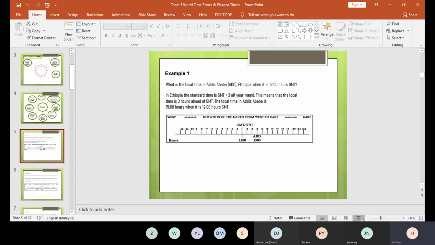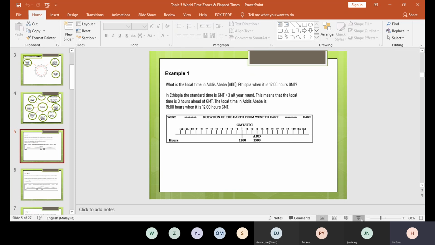This one is how to calculate the time zone. You need to know that each country has its own GMT. So either you need to plus the time or minus the time based on their GMT.